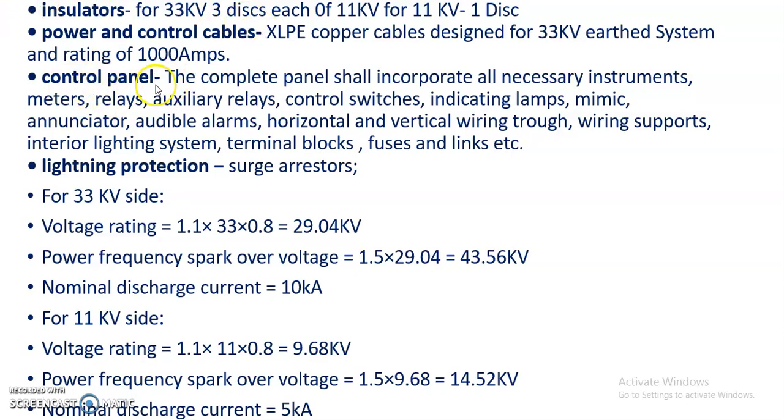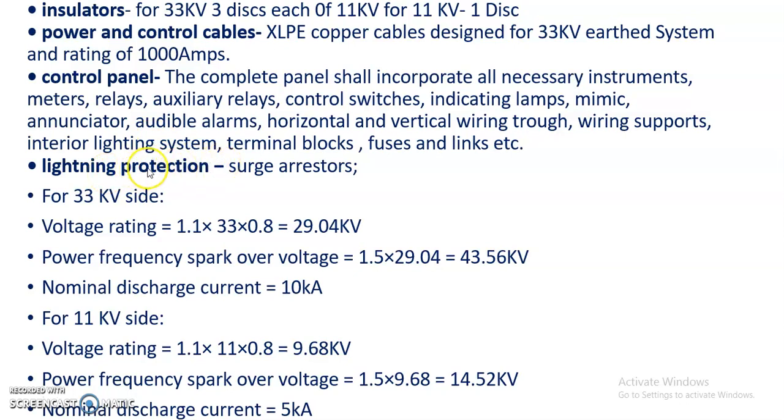So all the equipment which is located in a substation, that means meters, measuring instruments, auxiliary relays, control switches, indicating lamps, annunciator, alarm, horizontal and vertical wiring trough, then wiring supports, lighting system, all that equipment which is installed in a substation is wired in a control panel, and you have to control it through that control panel.